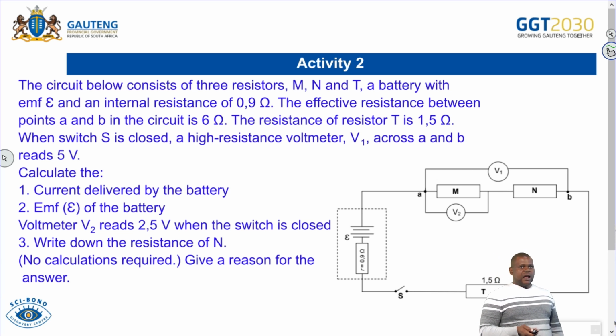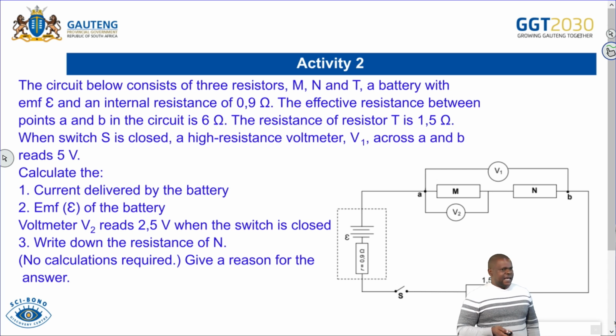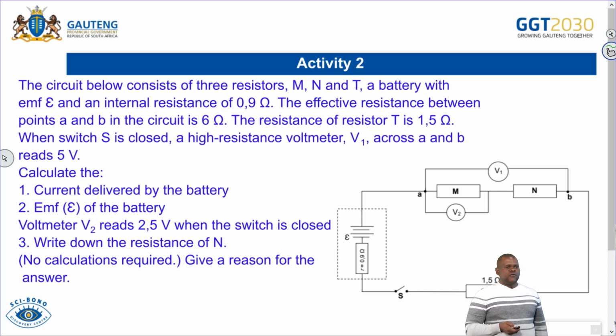Yes. Let's look quick on activity. Activity number 2. We are running out of time. Let's look quick on activity number 2. It says the circuit below consists of 3 resistors, M, N, and T. A battery with EMF and its internal resistors of 0.9 ohms.